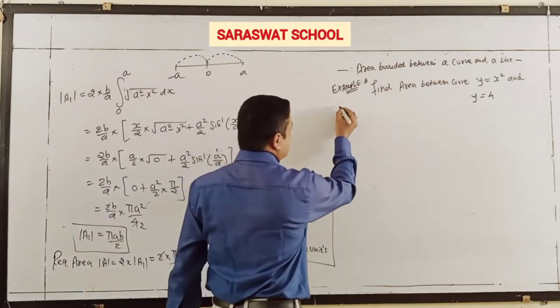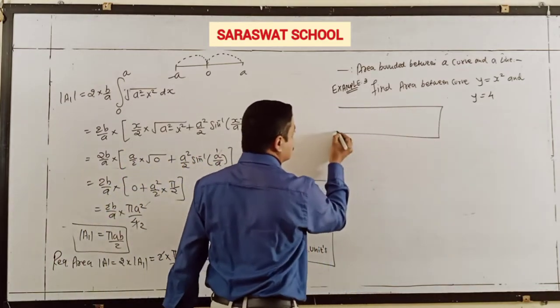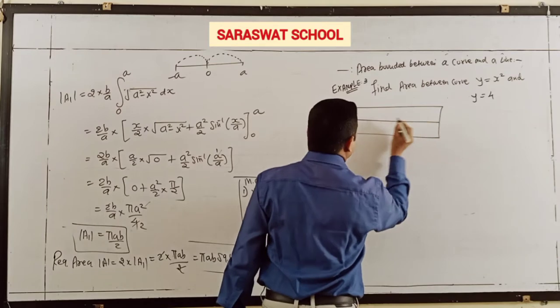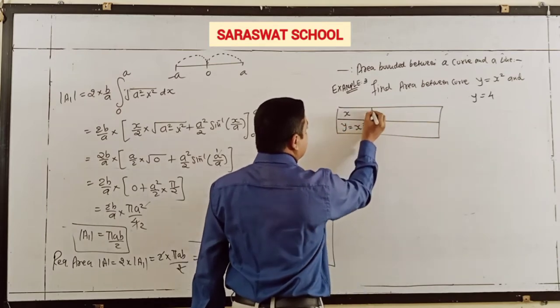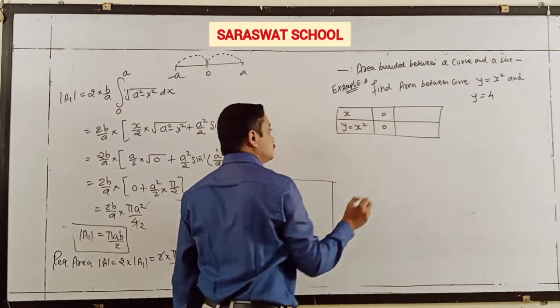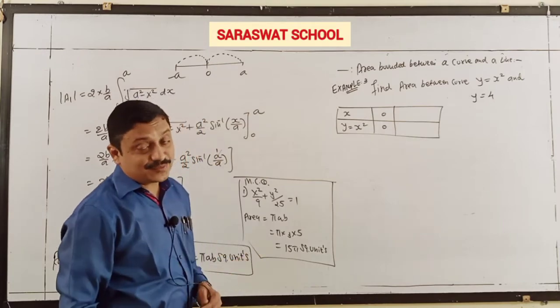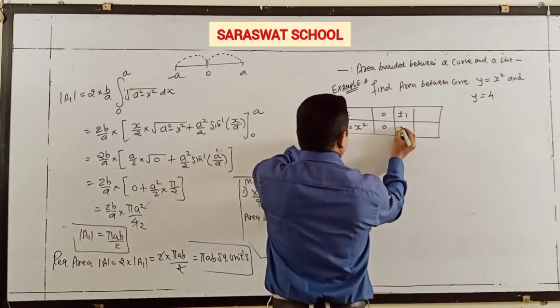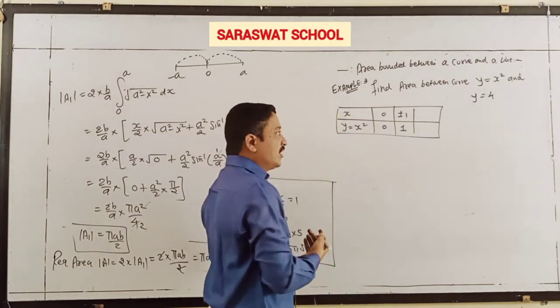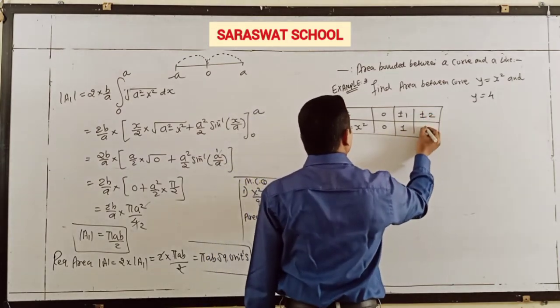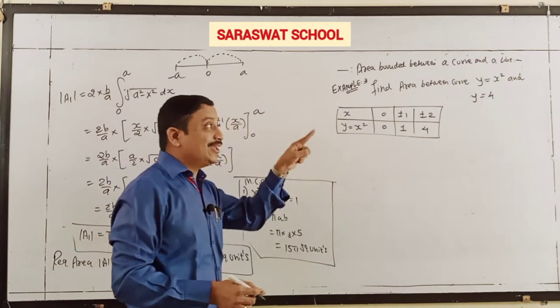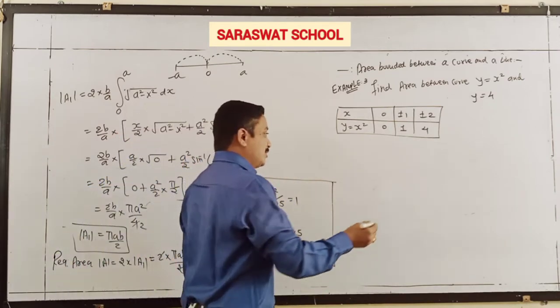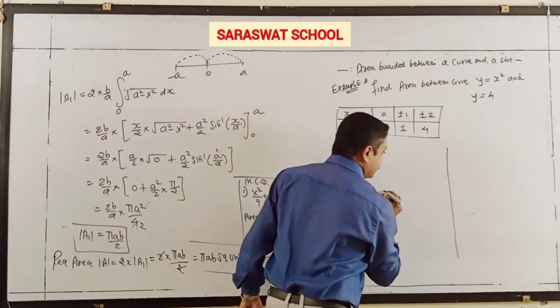So students, I just plot my table x, y is equal to x square. If I take x 0, then definitely y 0. If I take, students, x plus or minus 1, then y also 1. If I take x plus or minus 2, then y is 4, already given there. So my drawing is ready.